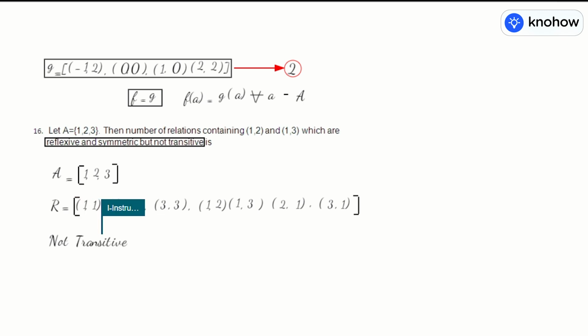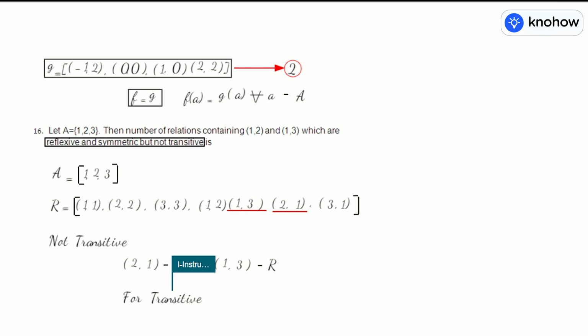For example, look at these two elements, (2, 1) and (1, 3). (2, 1) belongs to R and (1, 3) belongs to R. For a relation to be transitive, if a is related to b and b is related to c, then a is related to c. 2 is related to 1, 1 is related to 3, so (2, 3) should belong to R. But we find that (2, 3) does not belong to R. So the relation written here is not transitive.